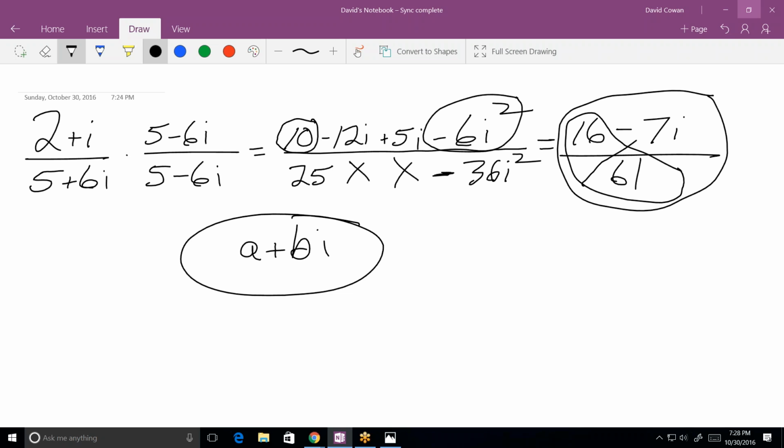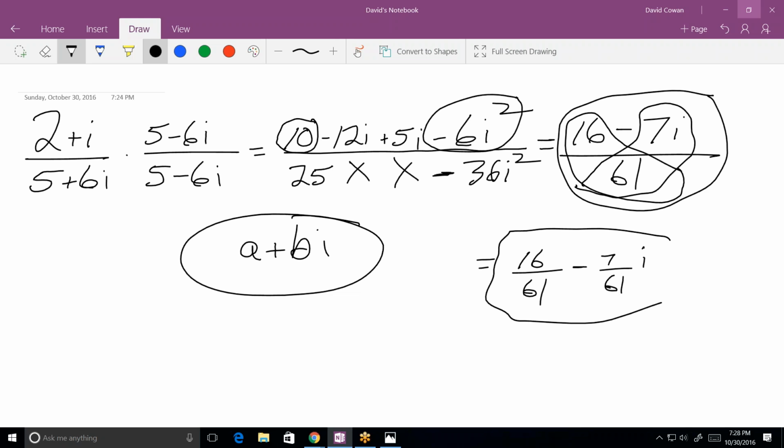So what we really have here is 16 divided by 61, that's a, minus 7 divided by 61, that's b, times i. So that is the official, proper format for a complex number.